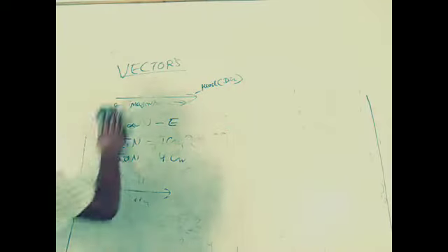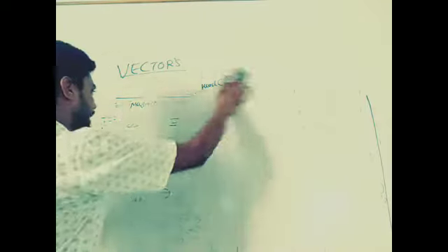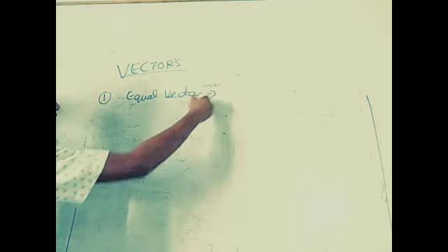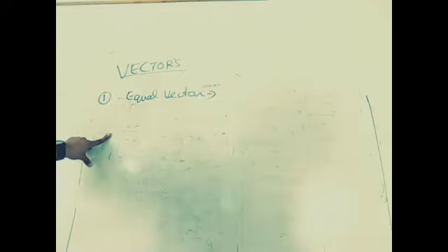Students, vectors are of so many types. We are going to discuss a few important types among them. Number 1, the first type of vector is equal vector.